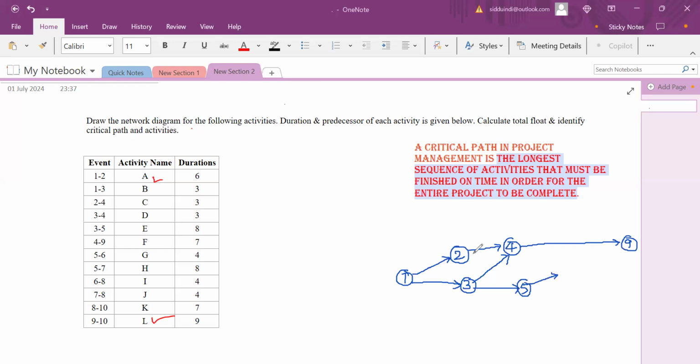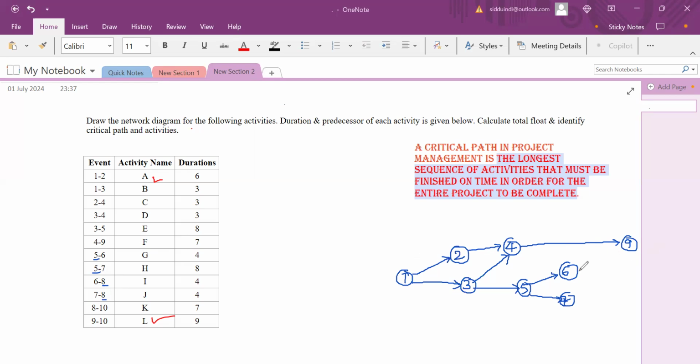So see here, from 5 there are 2 activities, so I will take it here only. 5 to 6 is one activity, and another one is 5 to 7. Next is 6 to 8, and see here, event 8 is ending with 2 activities.